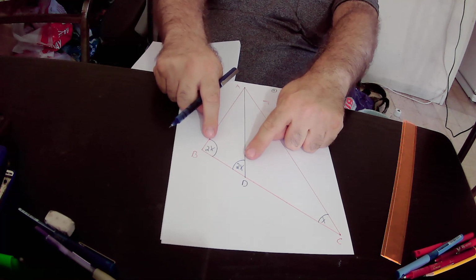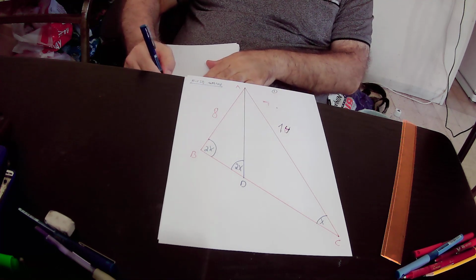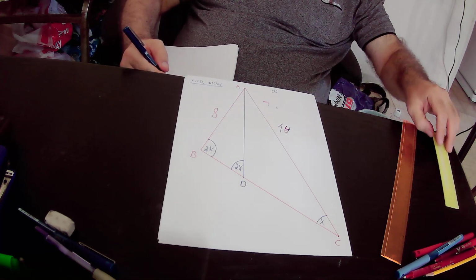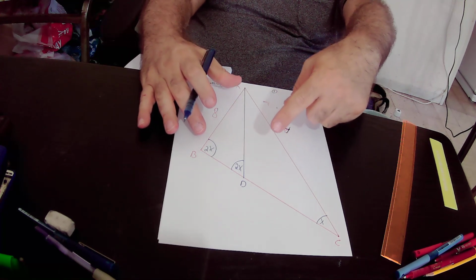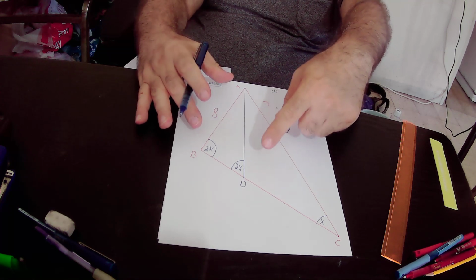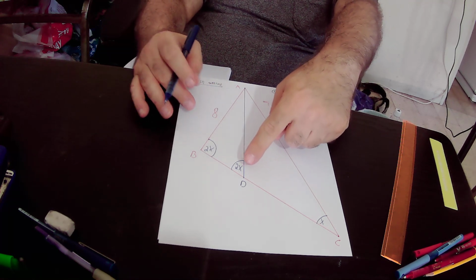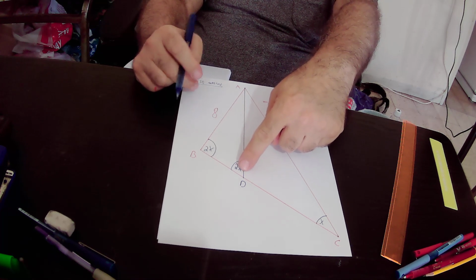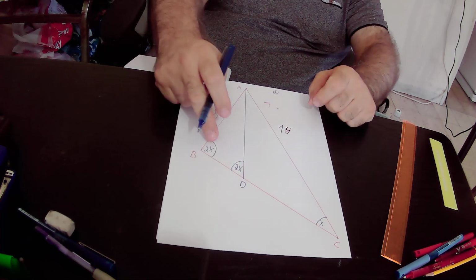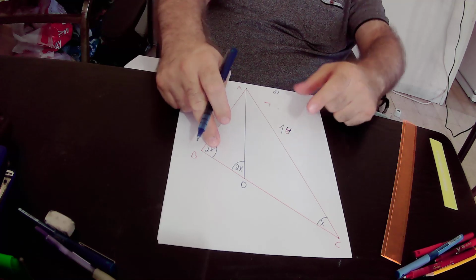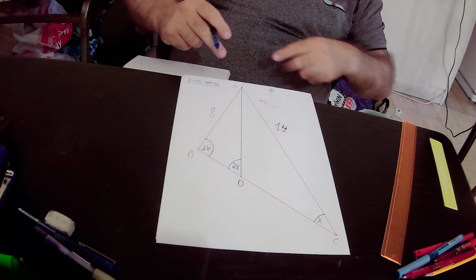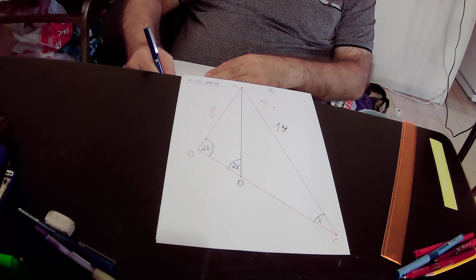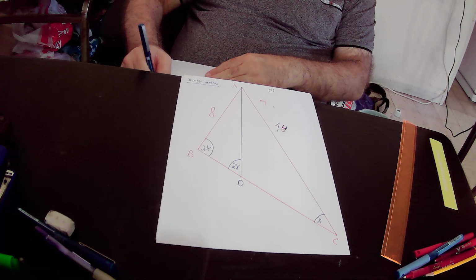Both of those two angles are equal to 2x. Therefore, according to rule number 1, the sides in front of those two equal angles are also equal to each other. The side in front of this angle is AB, and the side in front of this angle is AD. Therefore, AB will be equal to AD.